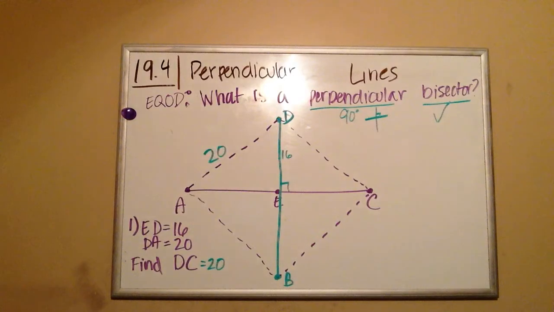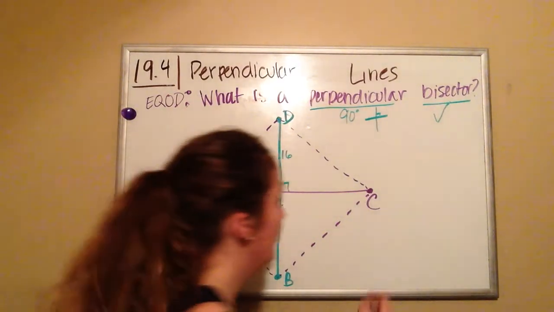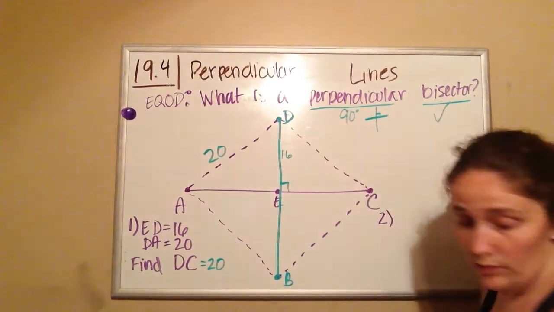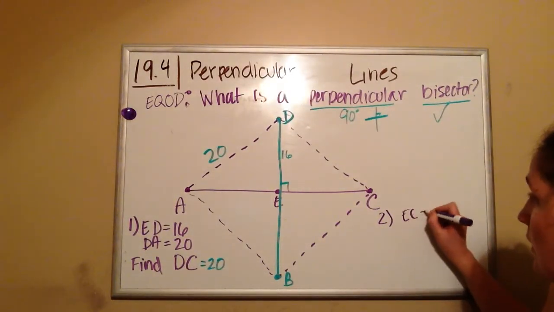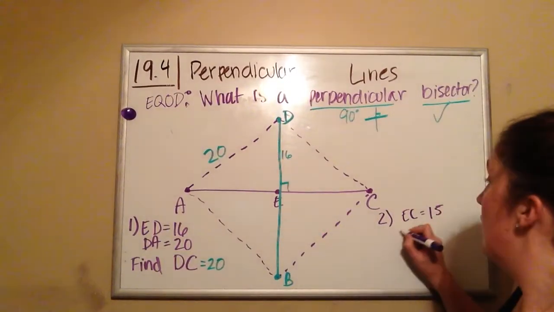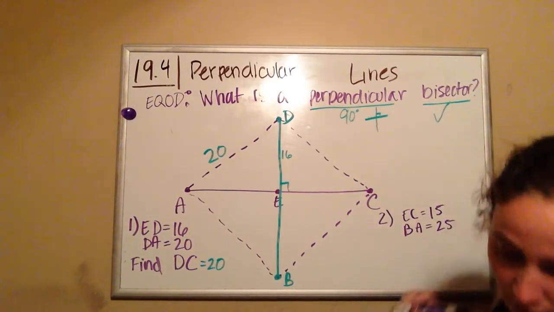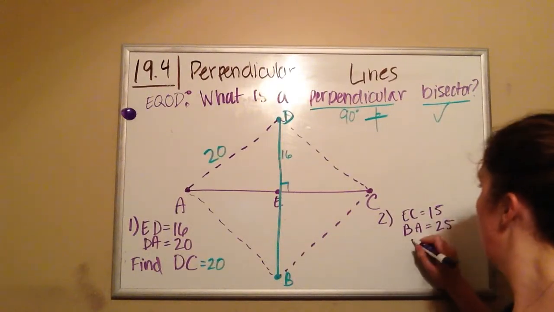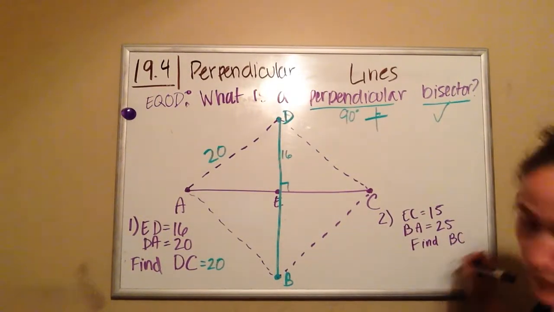Alright, and then let's try another one for number 2. If EC is 15, BA is 25, we need to find BC.